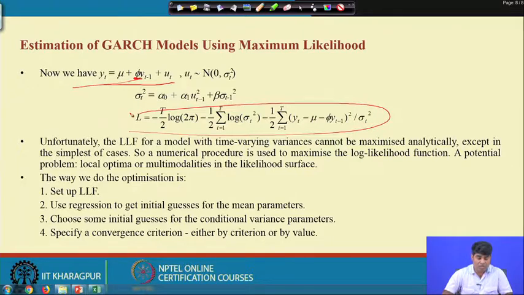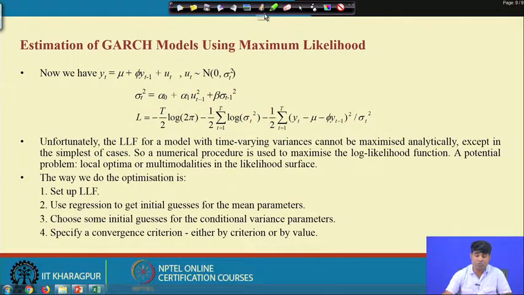The optimization procedure will be to set up the likelihood function, use regression to get initial values of the mean parameters, choose some initial structure for the conditional variance parameters, and then finally specify a convergence criterion, either by criterion or by a value. That is the procedure you have to follow.